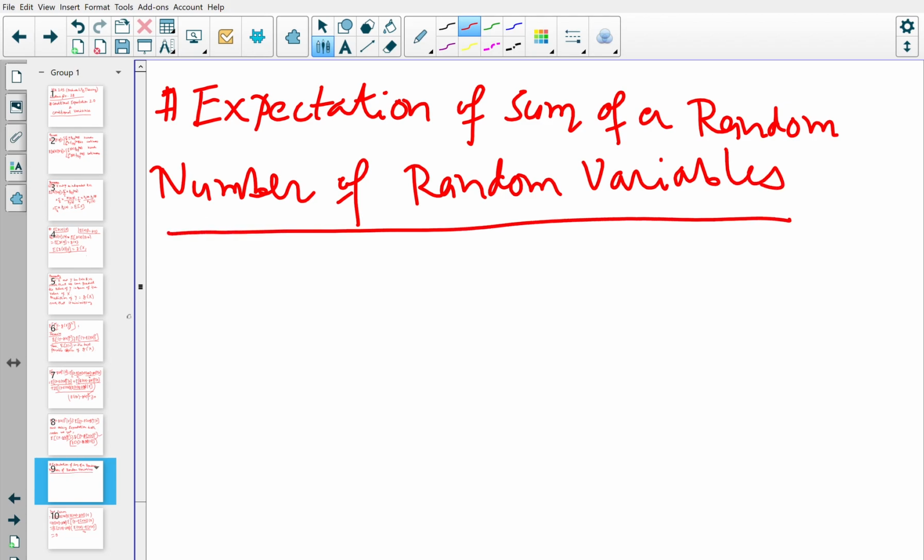We already know that if we have random variables and a sum, then how to do expectation: this is linearity. Now we want to know that a similar property should be true for a sum of a random number of random variables.